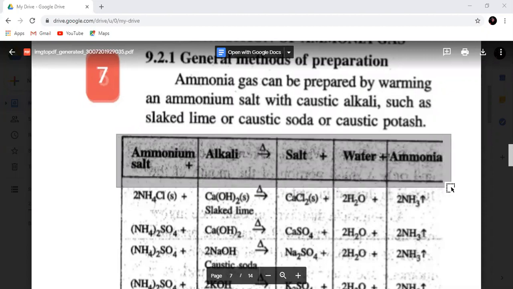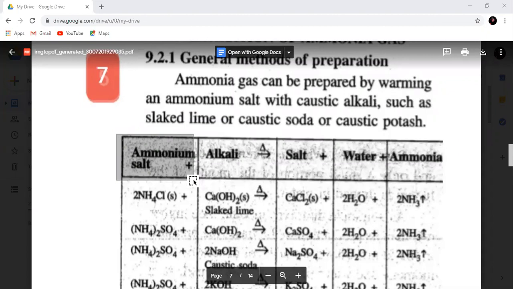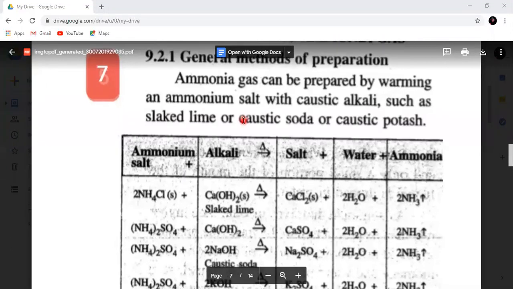When an ammonium salt reacts with an alkali and is heated, then salt, water and ammonia are formed. Ammonium salt, I'm repeating again, we are taking the ammonium salt. That ammonium salt can be in different forms: ammonium chloride, ammonium sulfate, ammonium carbonate, in any form it can be there. It should be an ammonium salt.